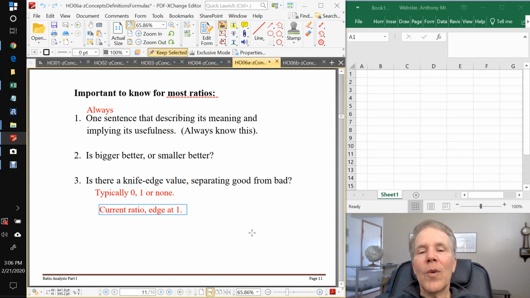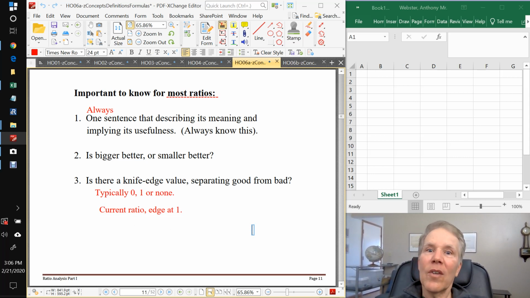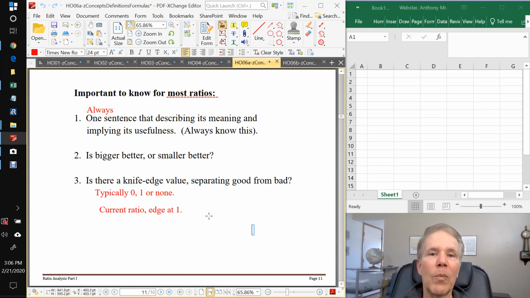Why is the edge at 1? Because if it's less than 1, what does that mean? The company has more current liabilities than current assets. It has more definite obligations to pay cash within a year than it has cash and things it can convert to cash to pay for those liabilities. So less than 1 is bad.